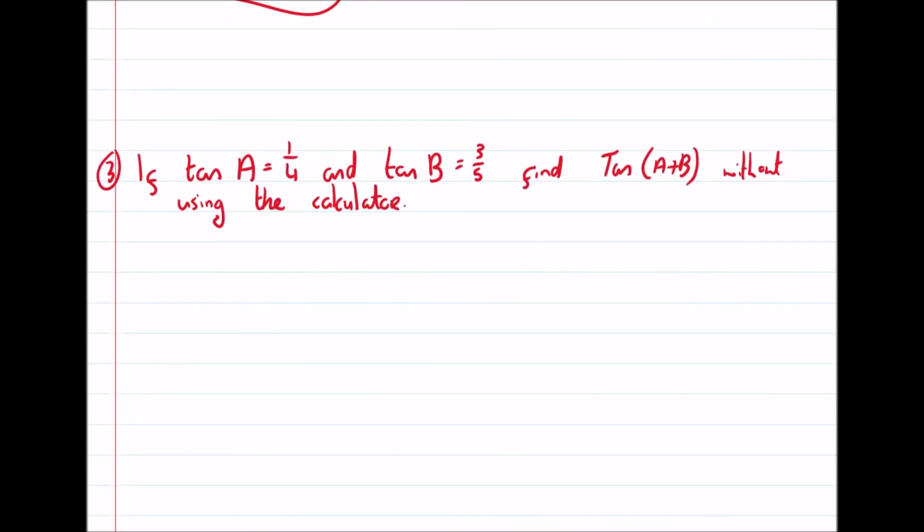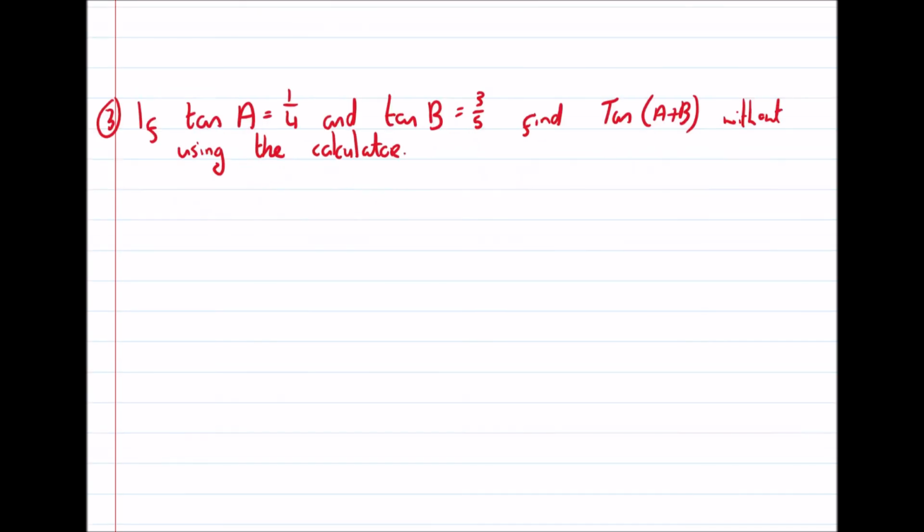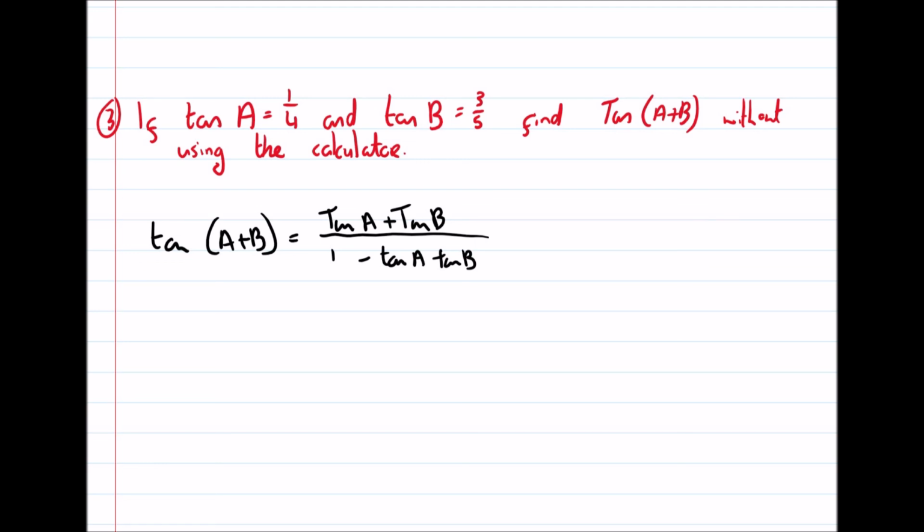Last one then. If tan A is a quarter and tan B is 3 over 5, find tan A plus B. Okay, right, so this is a quick one. Tan A plus B equals, and again from our logbooks, tan A plus tan B over 1 minus tan A tan B, which equals what?